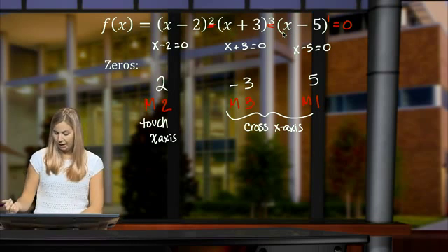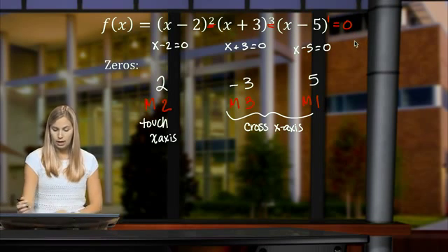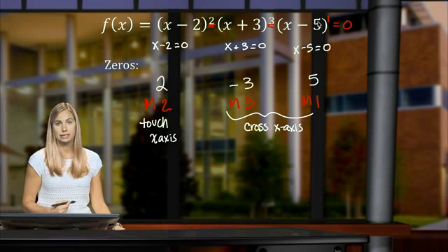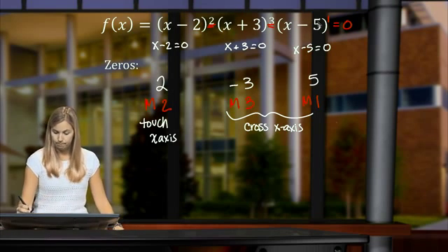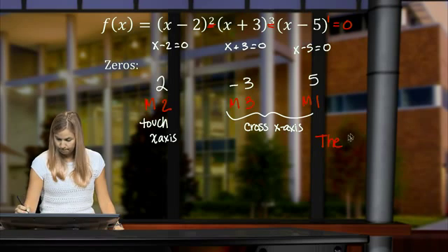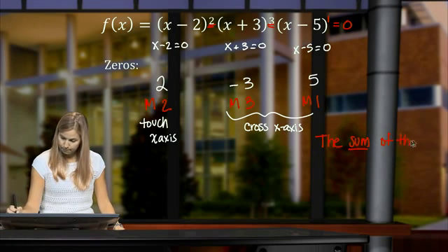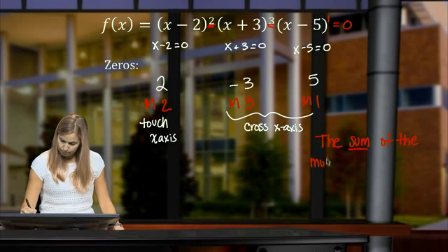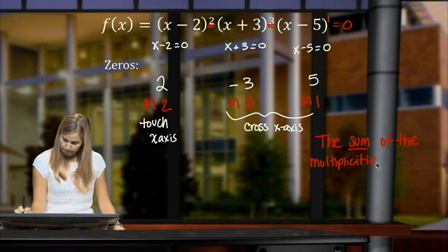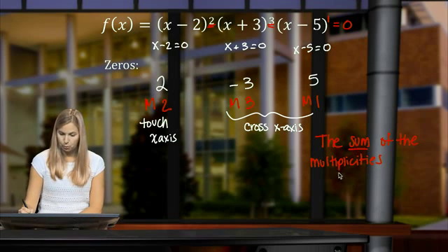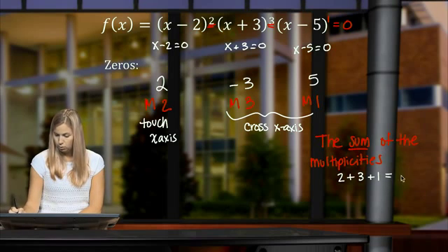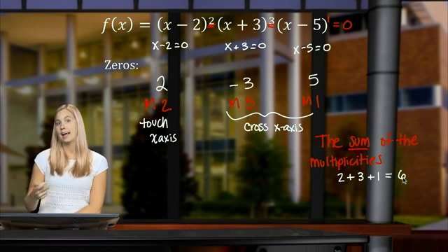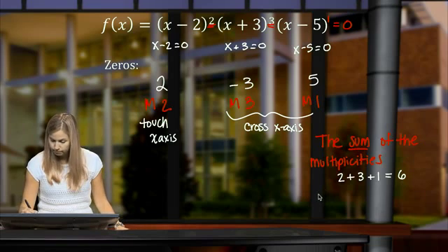But what you'll find is that if you add up all of your multiplicities, that gives you the degree. So in this example, we had 2 plus 3 plus 1, which equals 6. That's the degree of this polynomial.